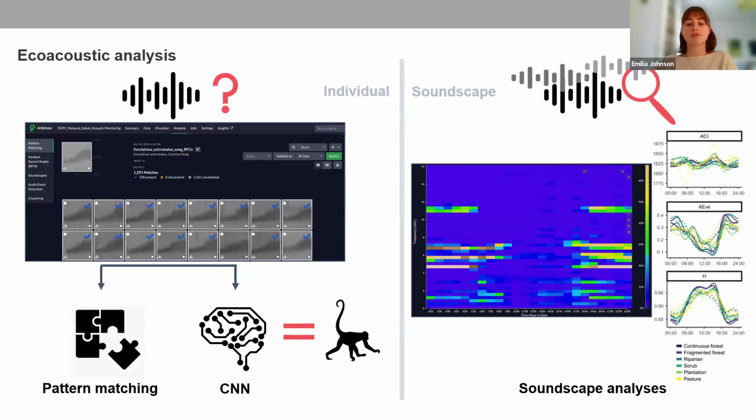Examples of primate identification using pattern matching. We're looking particularly for macaques, long-tailed macaques. I'll go into why in due course, and also soundscape analysis, looking for whether we can detect changes in the quality of the forest.